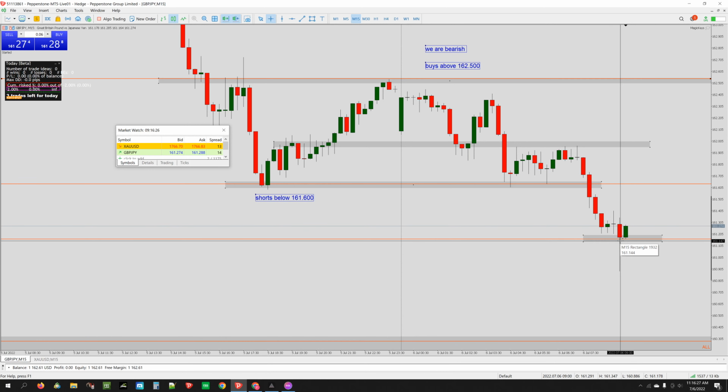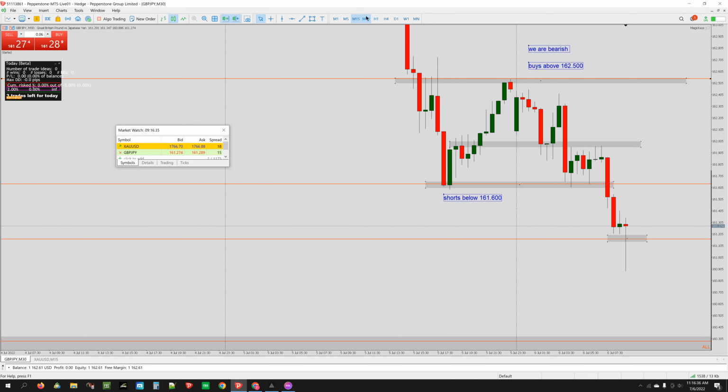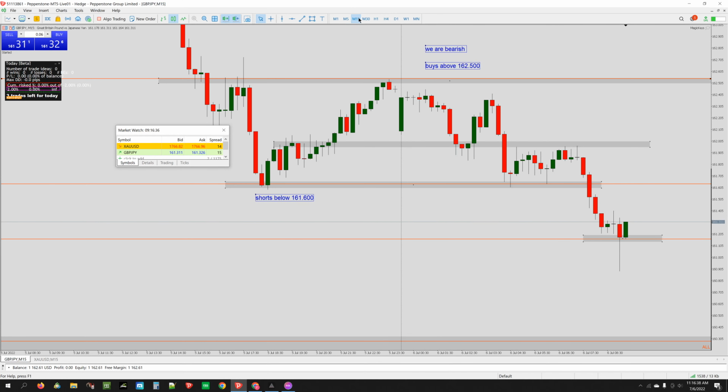GBP JPY has rejected below this 161.170 area, but still that means nothing at this point. We are basically waiting at this point.